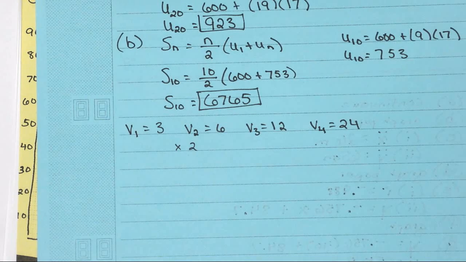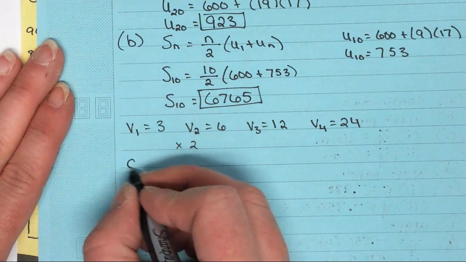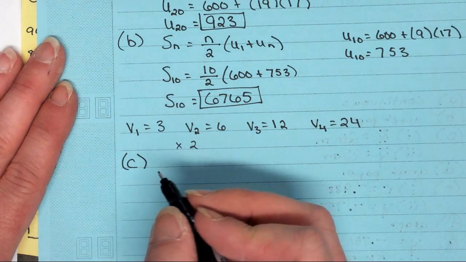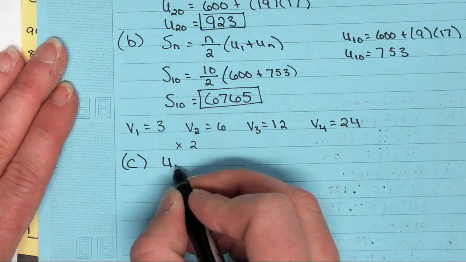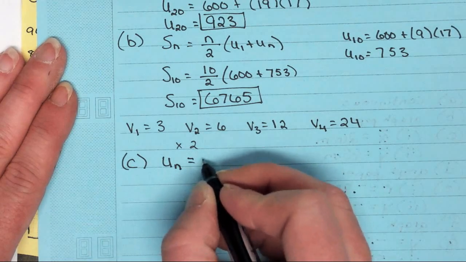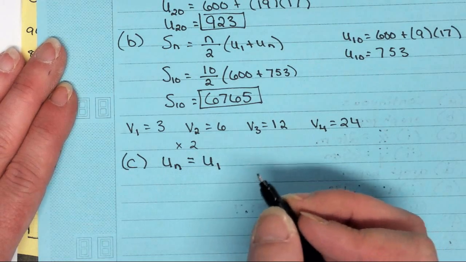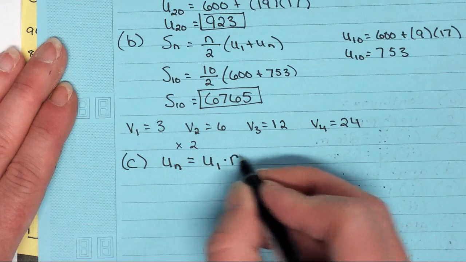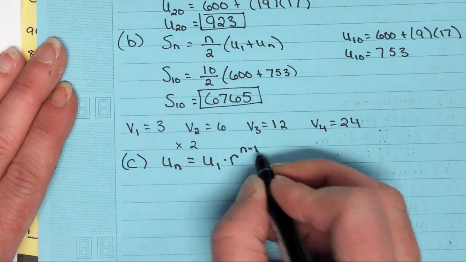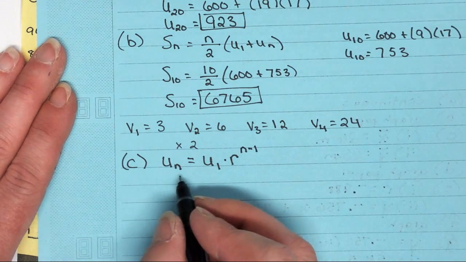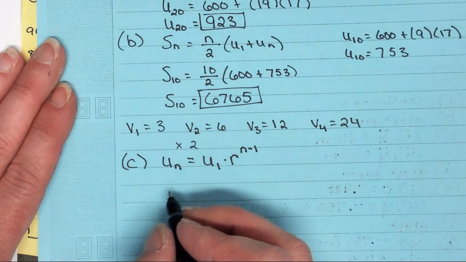So if it's times 2, it's not the same formula, right? Which one are we going to use now? Geometric. It says to find any term, I take u sub 1 times r to the n minus 1. So n is the term position that we're looking for.